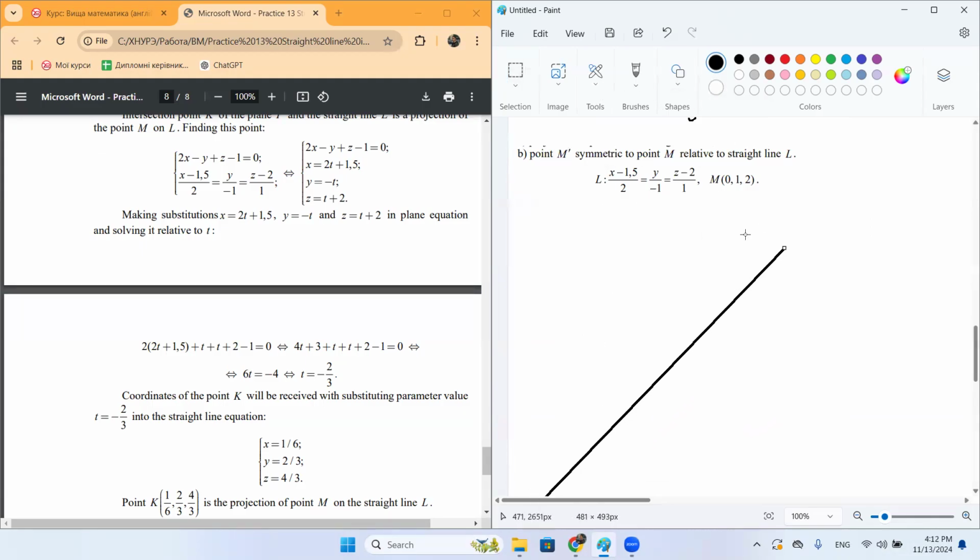So we have straight line L. Also what we have, point M. And we have a projection of this point, K. Okay, point N, let it be. And we need to find M prime, that is symmetric to point M relative to straight line L.